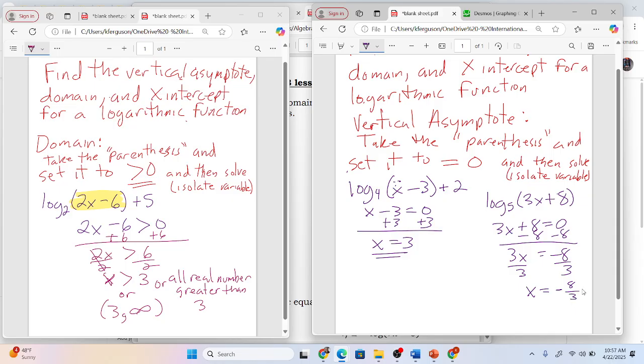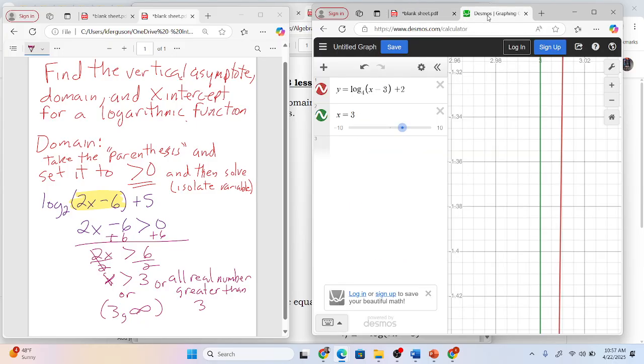Now, negative 8 over 3 is not something nice. It's not cute at all. Let's just cheat a little bit. All right. Say 3x and 8.